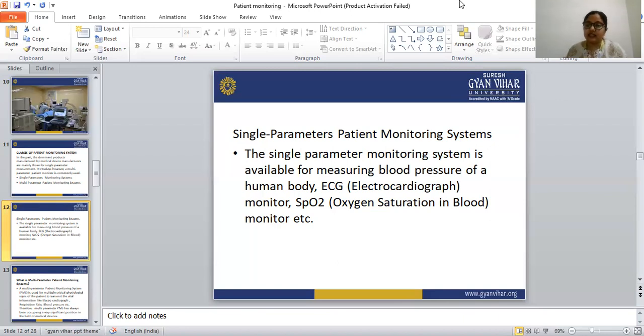Let's see some advantages of the patient monitoring system. The main advantage is that computerized patient monitoring systems provide tireless observation of events, and the detection of these events is crucial for effective treatment of the patient.